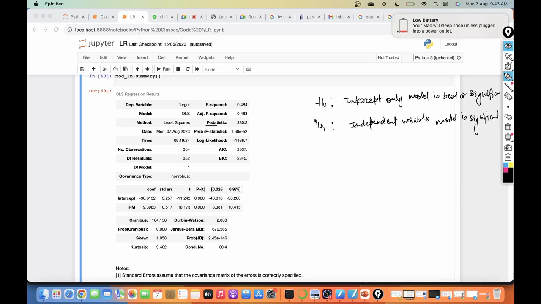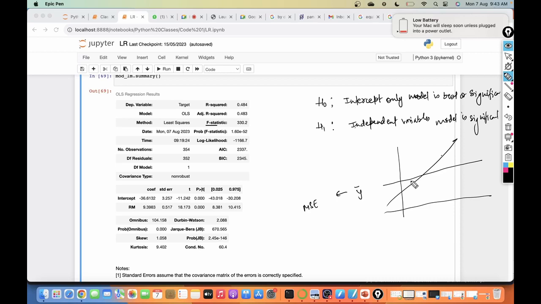Remember this one. For this f statistic, we have the formula, we have seen it, you need to revise it. So we first find the mean square error on the y average. Then let's find a linear regression line.